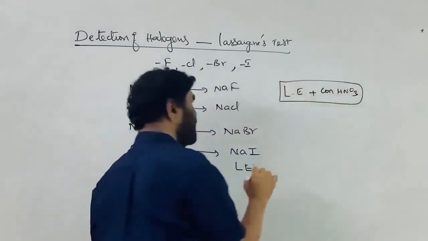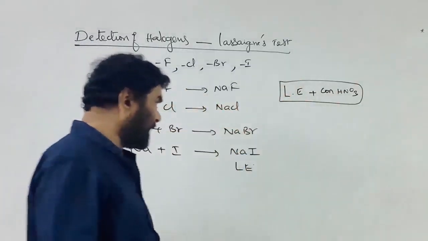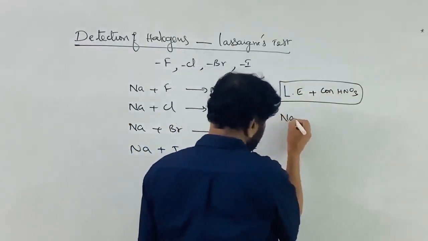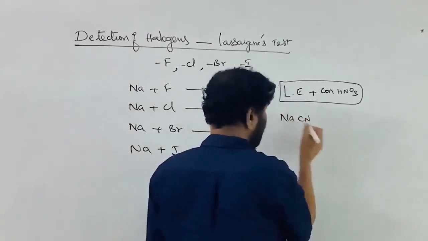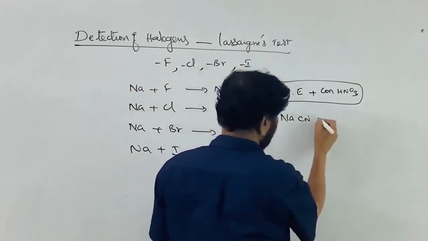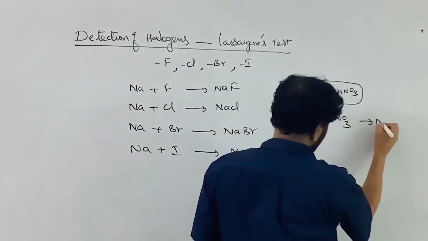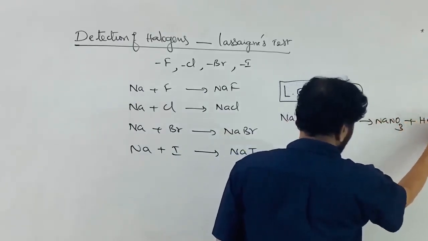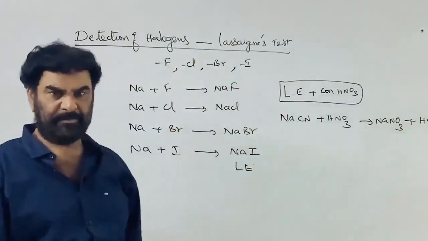Why is this concentrated HNO3 added? This is added to decompose the cyanides, because if nitrogen is present, the cyanide interferes in the reaction. When treated with HNO3, that gives NaNO3 plus HCN, which is a gas, so you are decomposing the nitrogen compound.